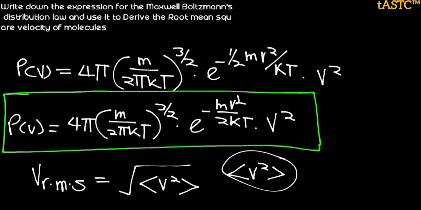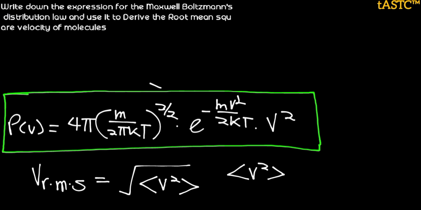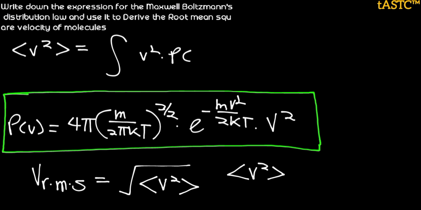So what is this going to look like? I need to represent this above. Well, I need to rewrite that. This is equal to the integral of v squared multiplied by P(v).